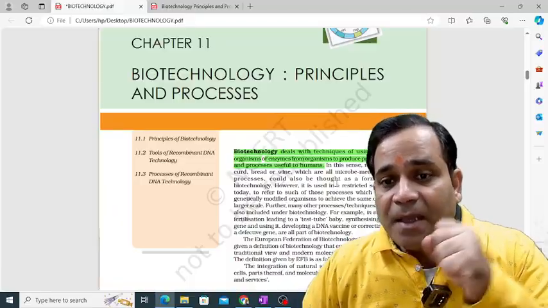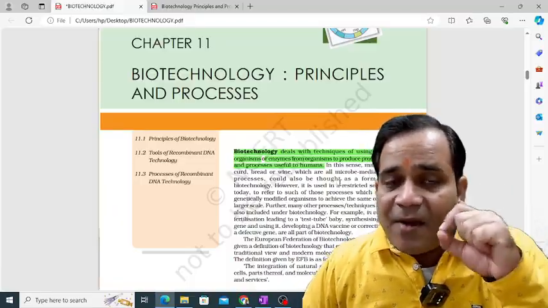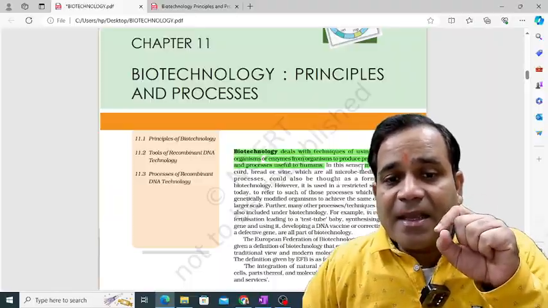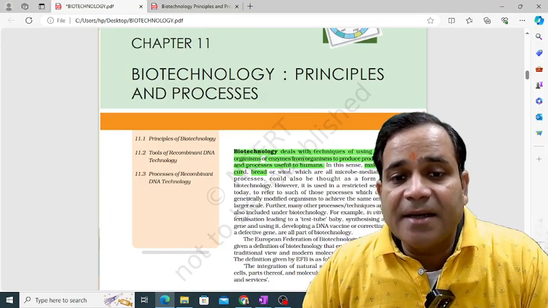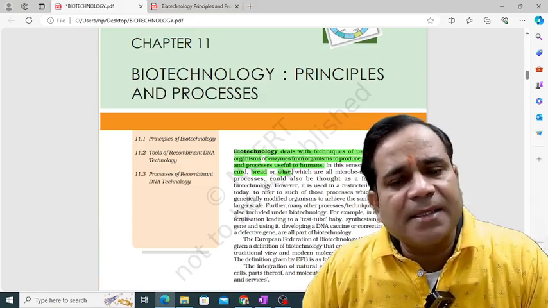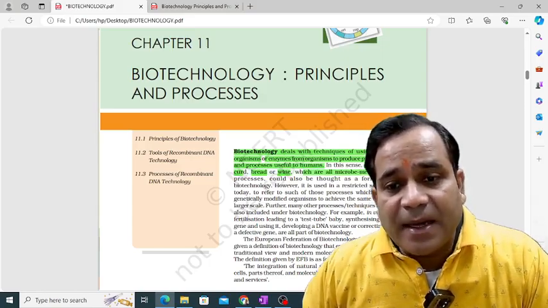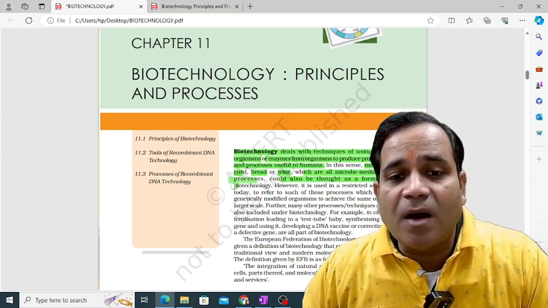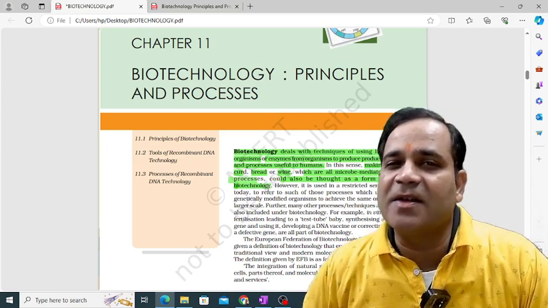So making curd, bread, wine, and whatever other microbe-mediated processes would also be thought to come from biotechnology.